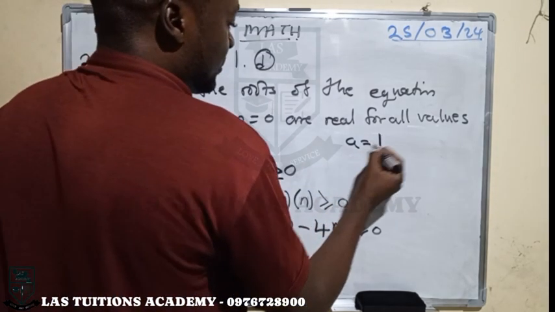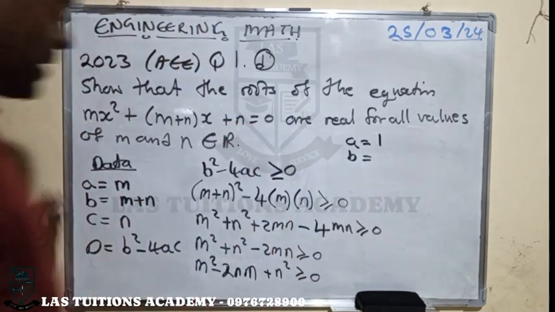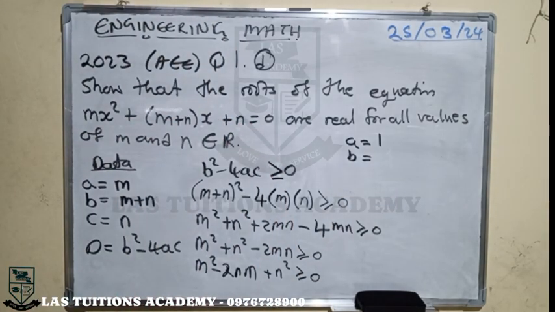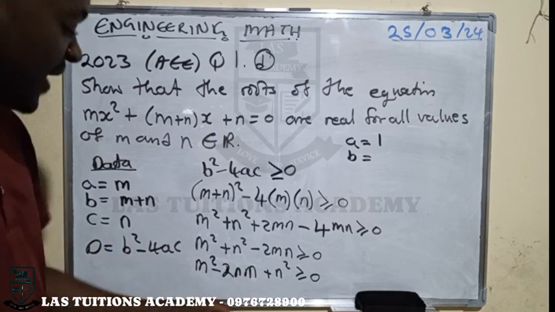Then what's our b? Negative 2. Something is missing. Negative 2n. Yes, m is the variable, and it's reducing the power from square to just m.